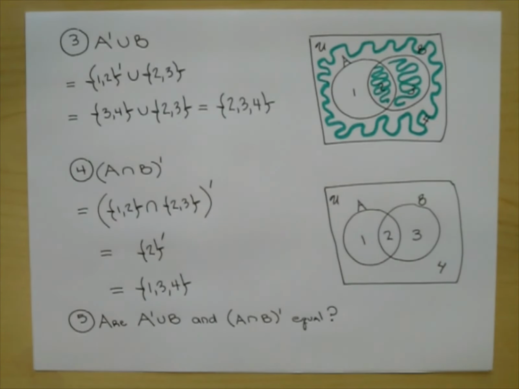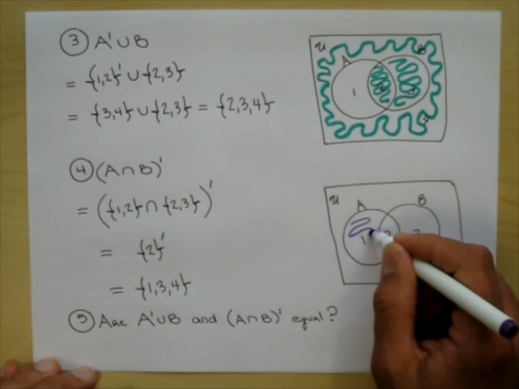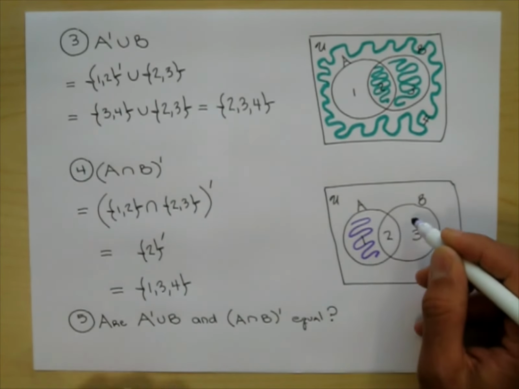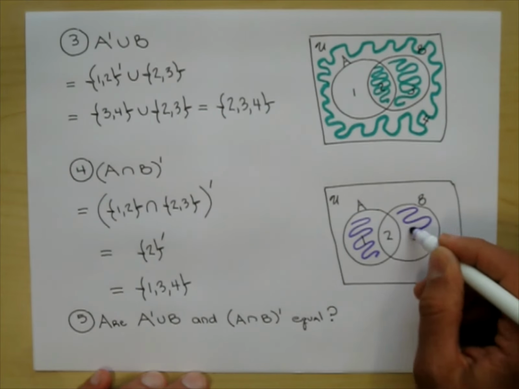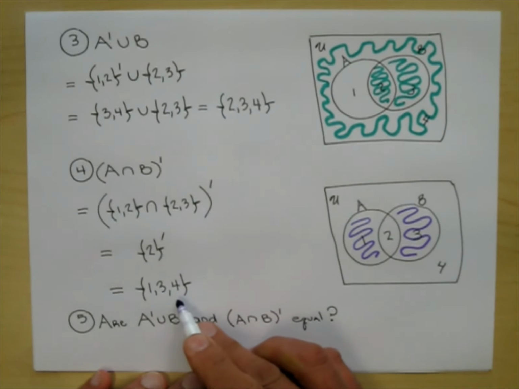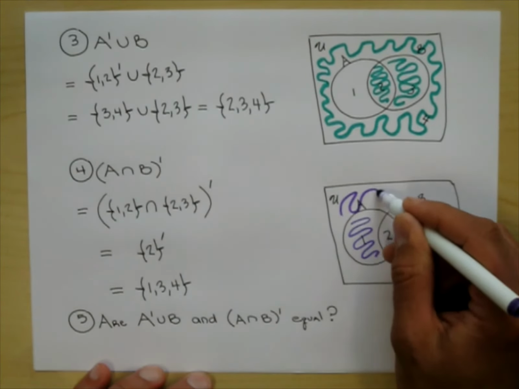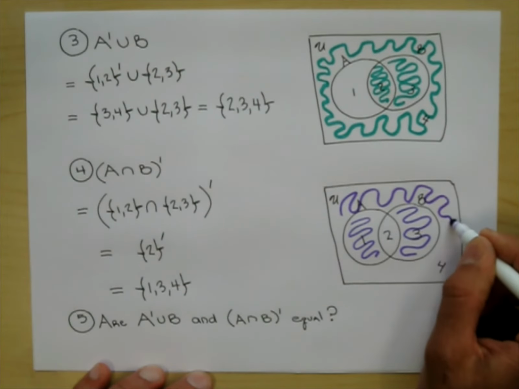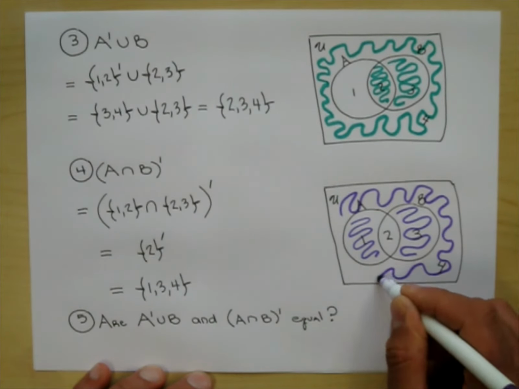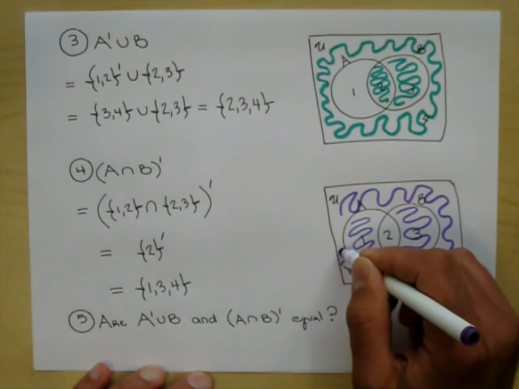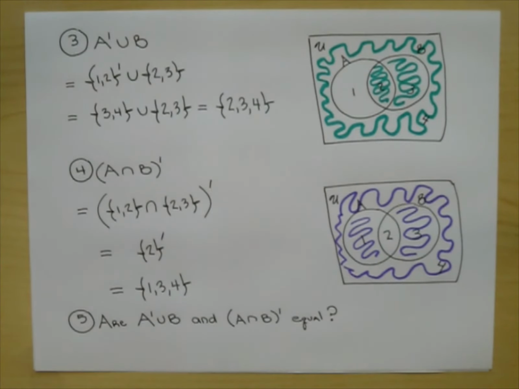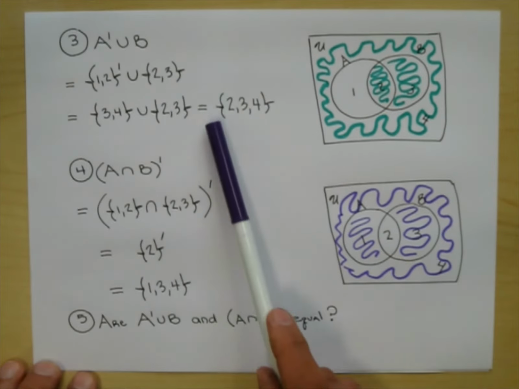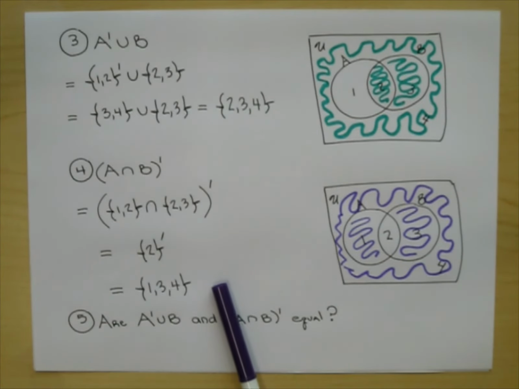We're going to shade region 1, region 3, and region 4. There we go. So I think we're doing pretty good. We have these two pretty pictures.